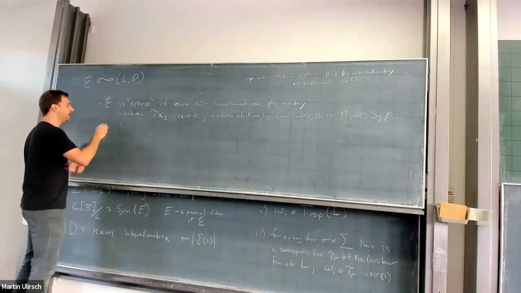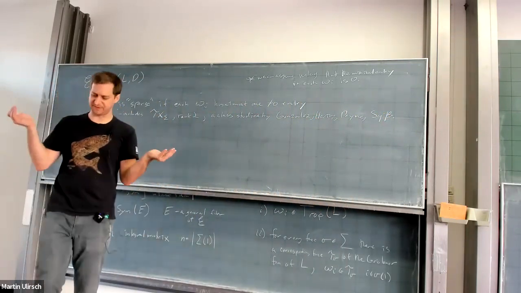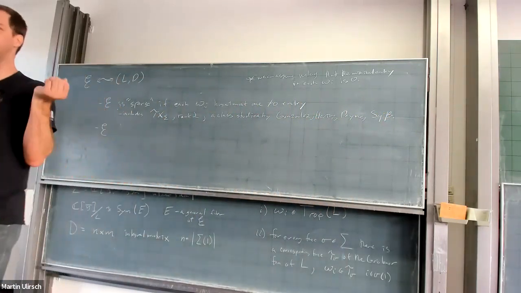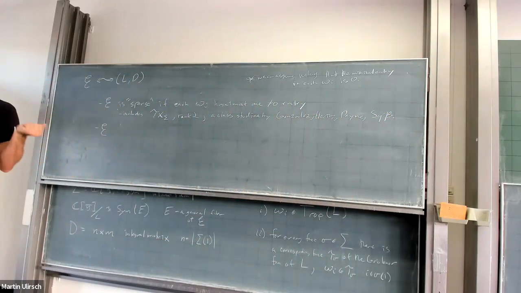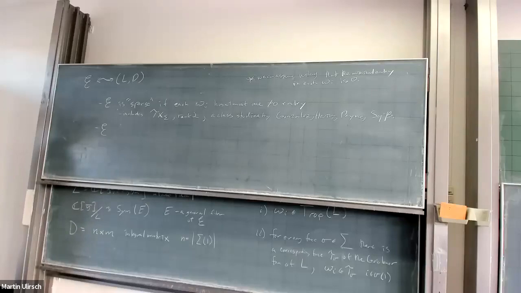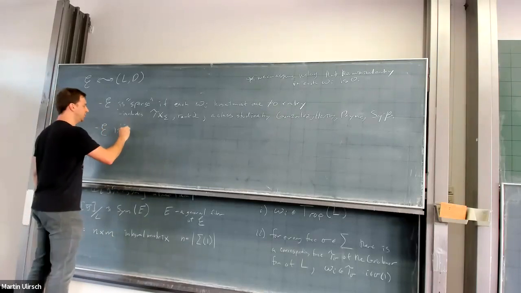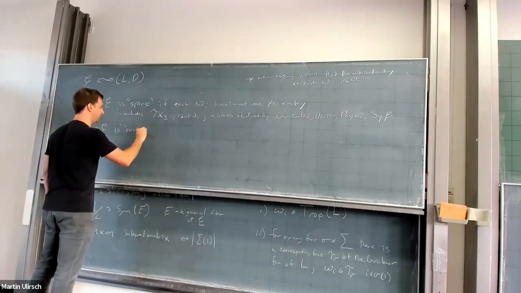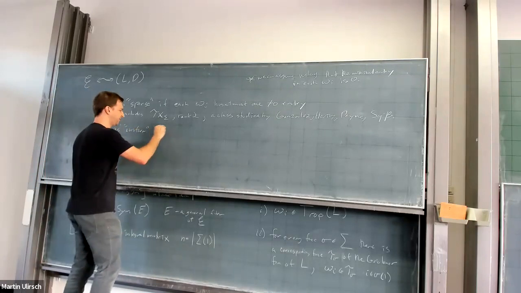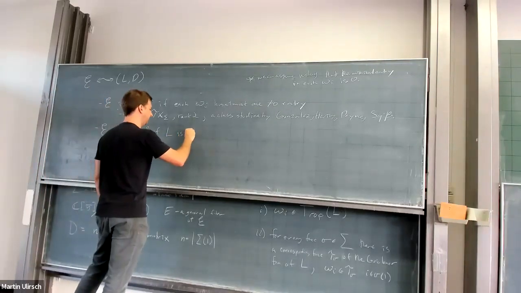So I like to think about sparse bundles as the bundles you get when you make the diagram, the matrix D, as simple as possible. The next class I like to think about is when you make the linear ideal L as simple as possible. We say E is uniform if the linear ideal is very general.